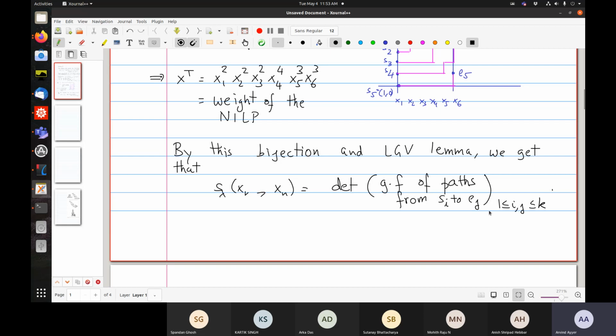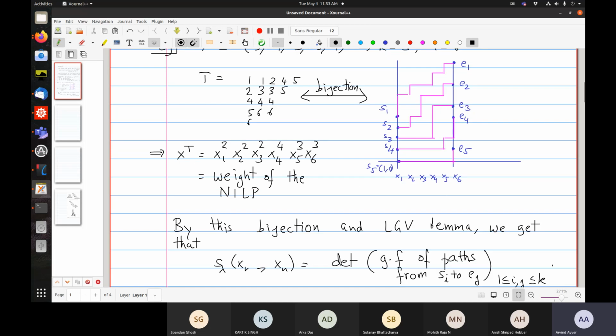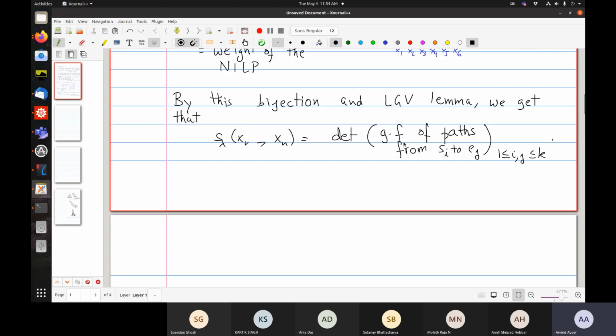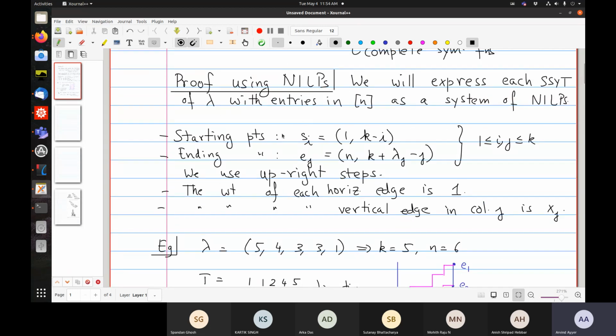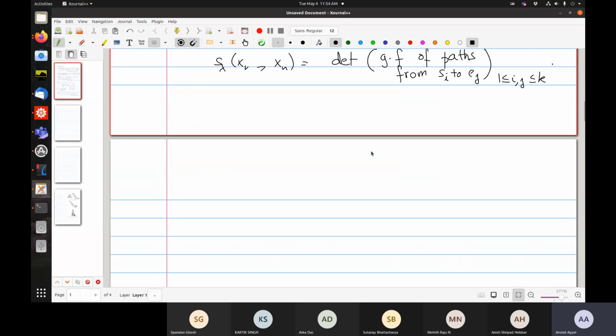So all that remains to do is to compute the weighted sum of paths from Si to Ej. So remember again, this is Si and this is Ej.